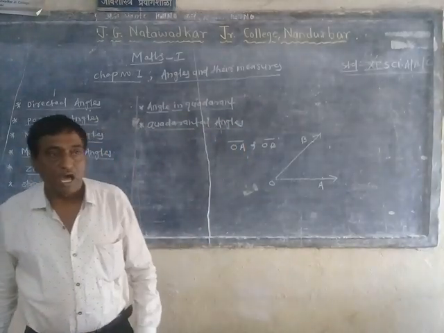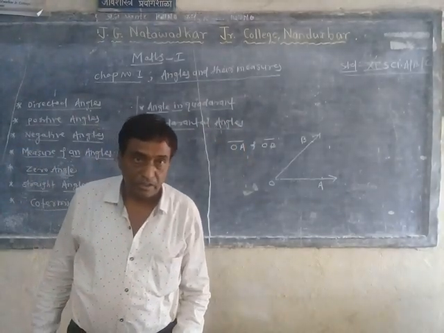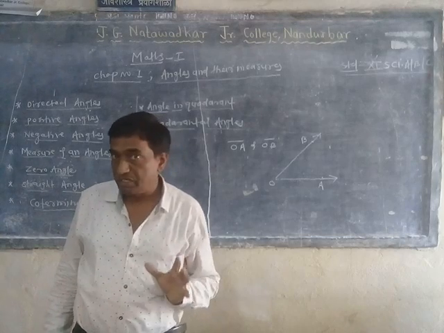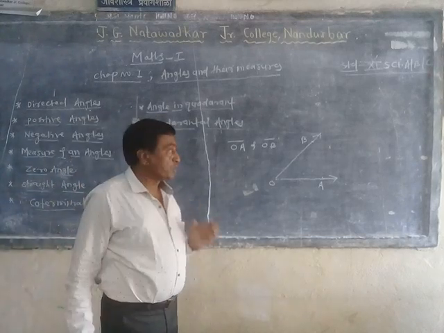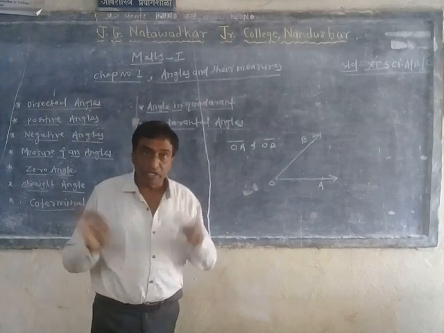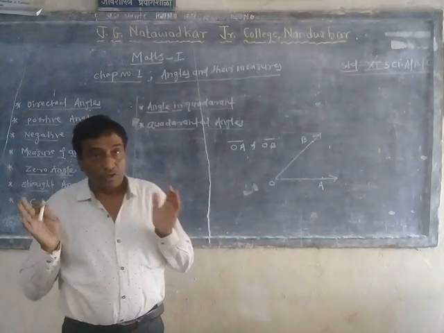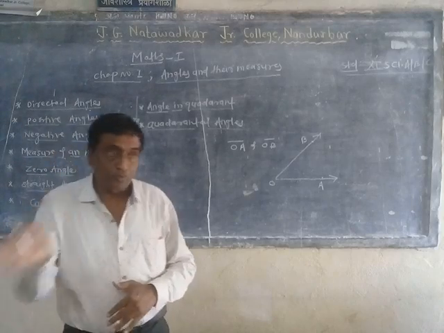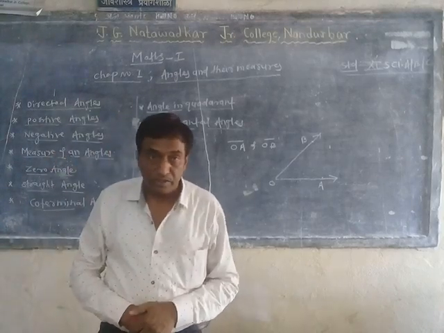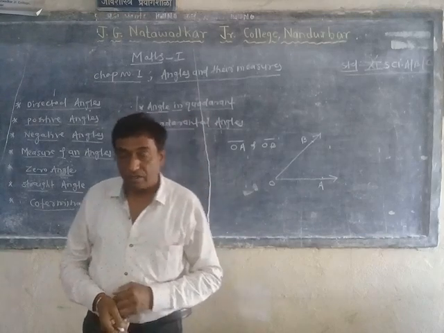Such an angle is known as a directed angle. The definition is: the ordered pair of rays OA bar and OB bar together with the rotation of ray OA that occupies the position of ray OB is called the directed angle.